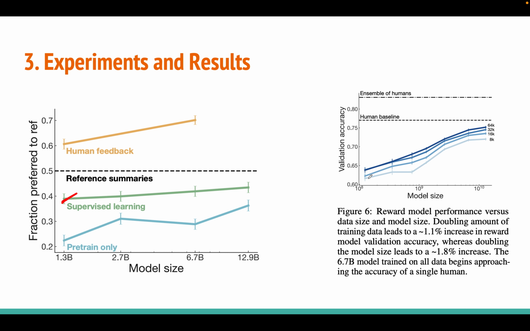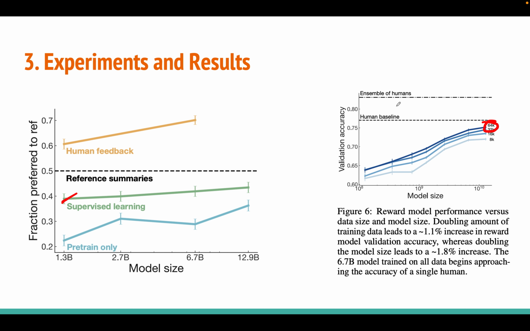This diagram shows that if you have a big enough model and a big enough data set, you can almost reach the human baseline. With 64,000 examples and whatever model size, you are already approaching the human baseline, which is also not so great. It is just between 75 and 80, but so is the ensemble of humans, because human preference changes from person to person.